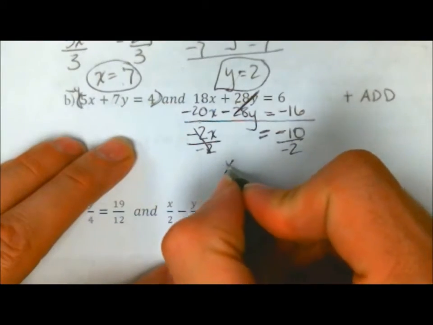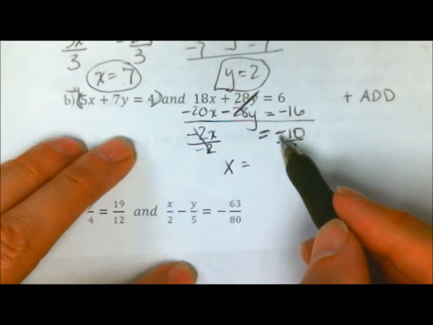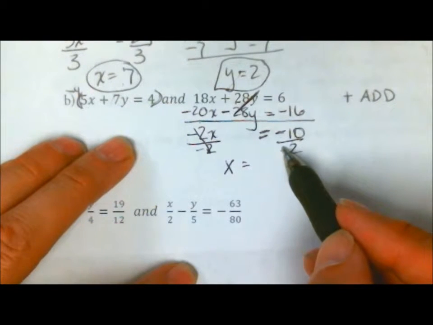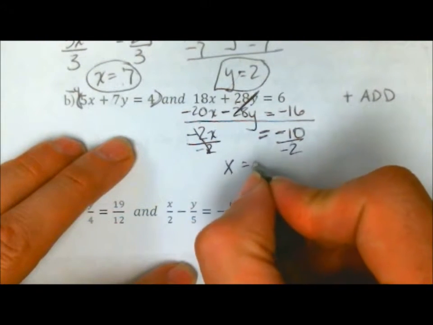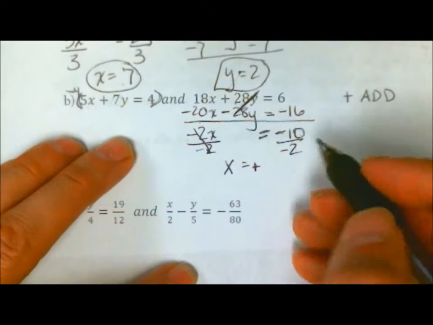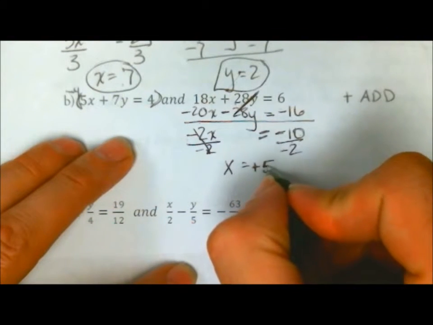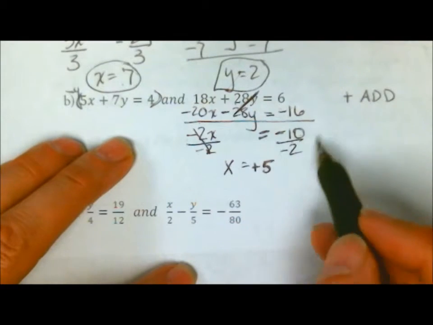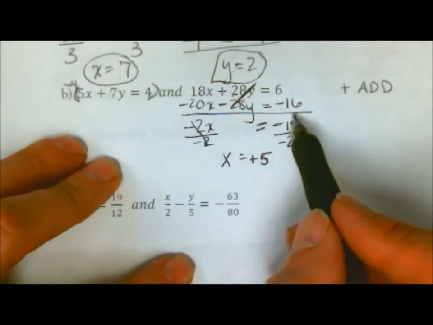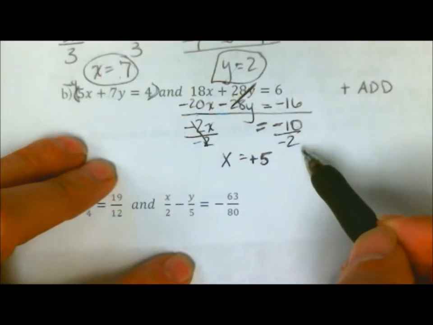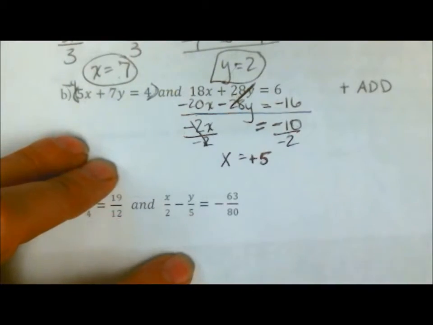That cancels out and I get x equals a negative divided by a negative is a positive, and 10 divided by 2 is 5. I see a lot of you kids trying to do two things at once. You see this and you see the negatives and you're trying to reconcile the negatives and do 10 divided by 2 at the same time in your brain, and it doesn't work.